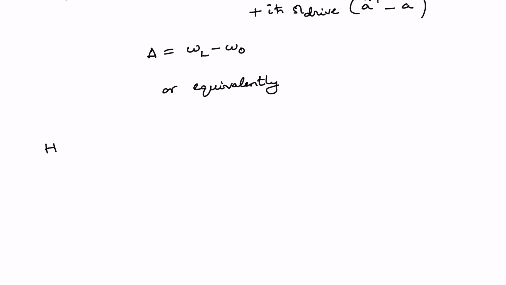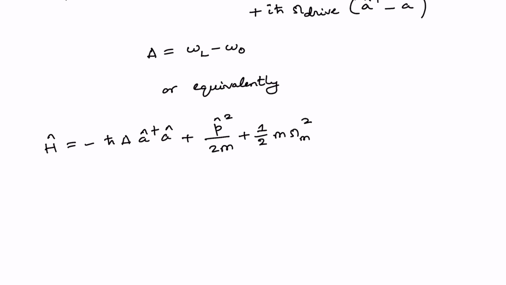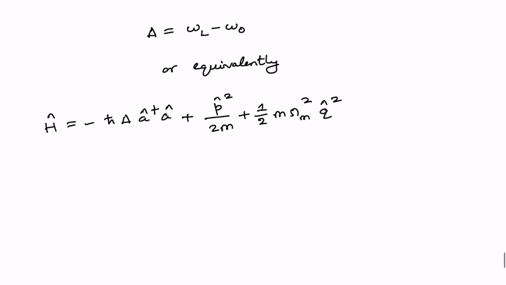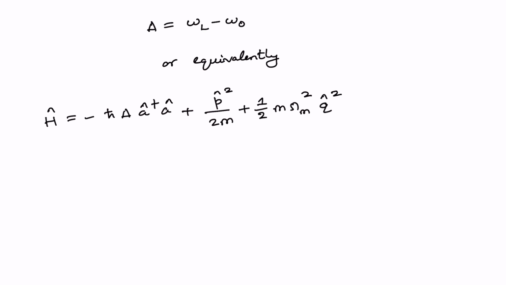You can write H is equal to minus h bar delta a dagger a, plus, instead of b dagger b, now I am writing the energy of the mechanical oscillator as kinetic energy plus potential energy of the harmonic oscillator, p square by 2m plus half m omega m square q square, where q cap is the position operator.